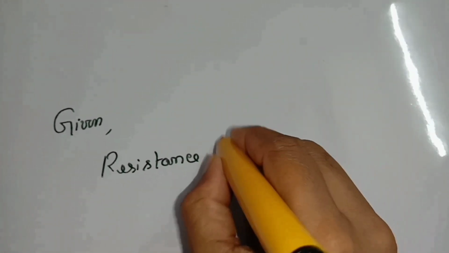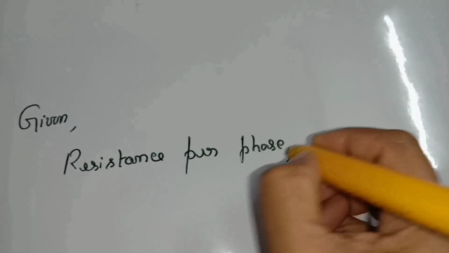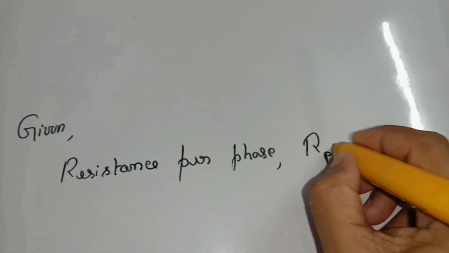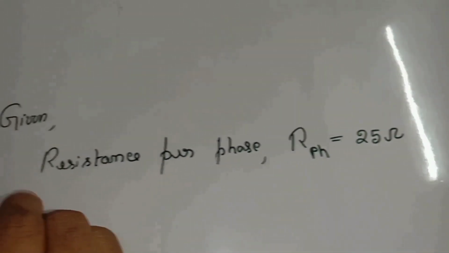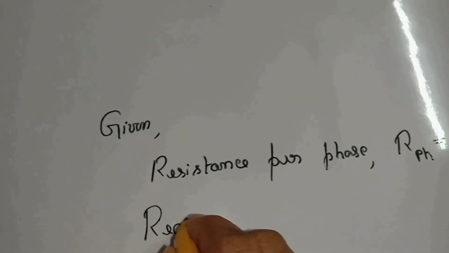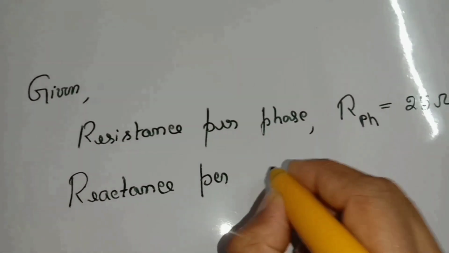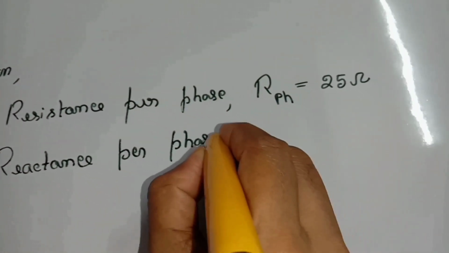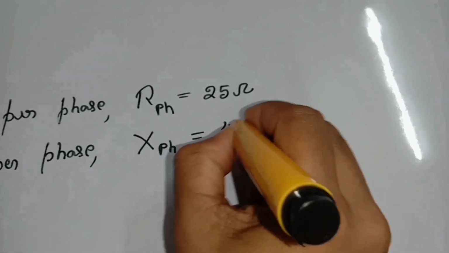Resistance per phase, that is RPH is equal to 25 ohm. Reactance per phase, that is XPH is equal to 40 ohm.